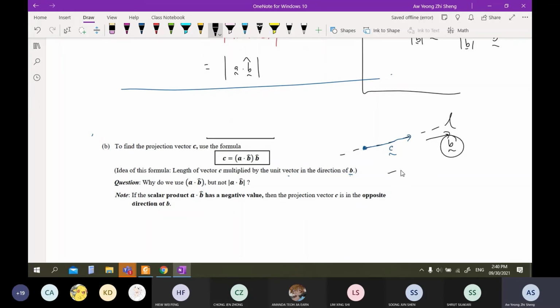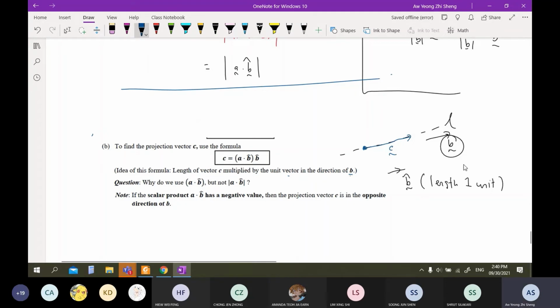I just need to find B hat with length 1 unit. Then to get the vector C, I just need to lengthen B hat by a factor that is equal to the length of C.